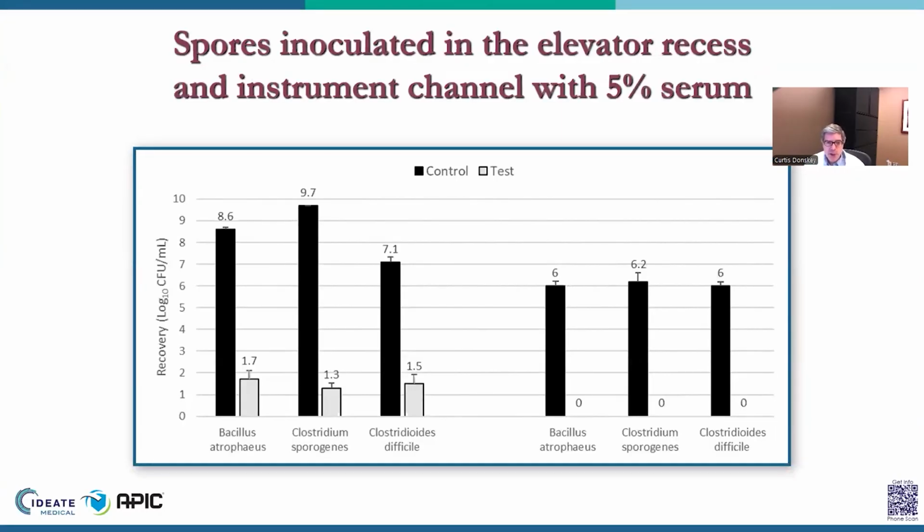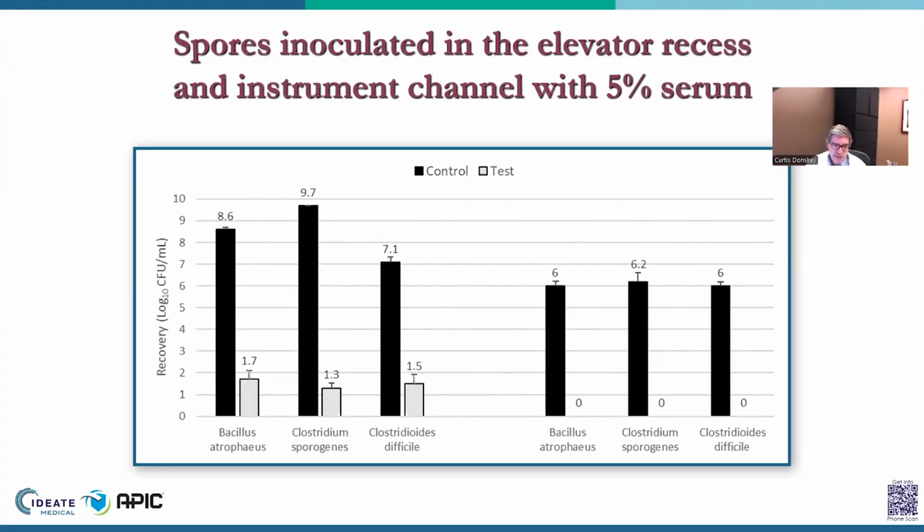And here, spores were inoculated into the elevator recess and instrument channel with 5% serum. In this case, as you can see on the right of the slide, all 3 spore-forming organisms were completely eliminated with sterilization when the challenge was 6 to 6.2 logs of recovery from the control scopes.